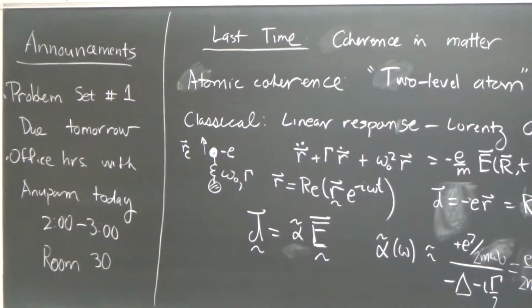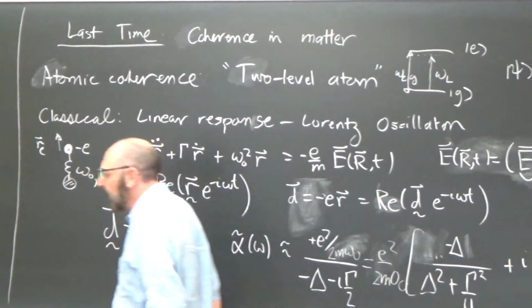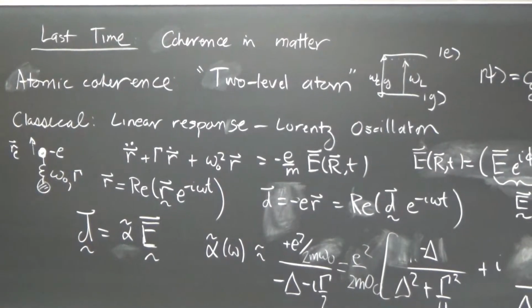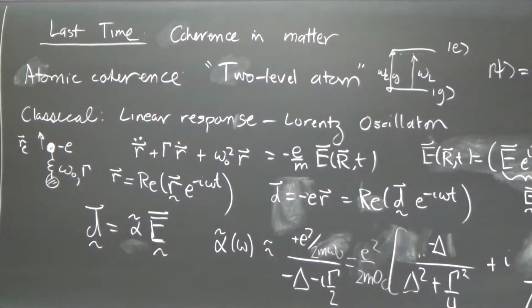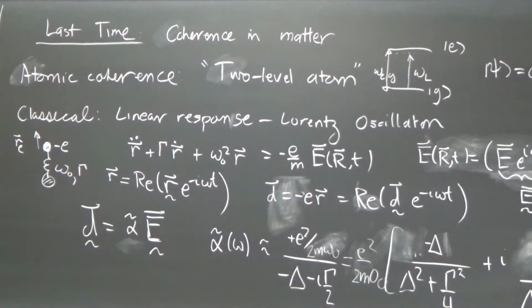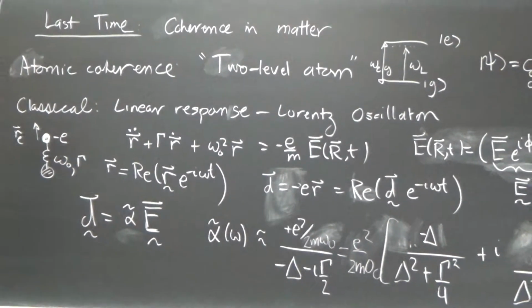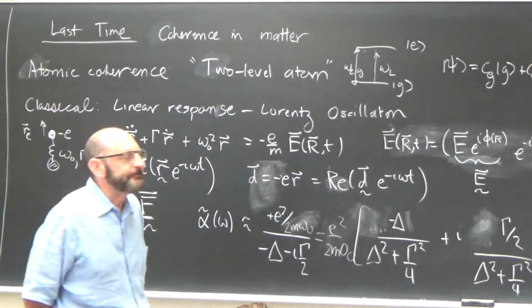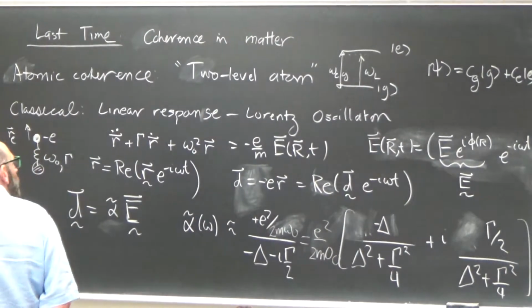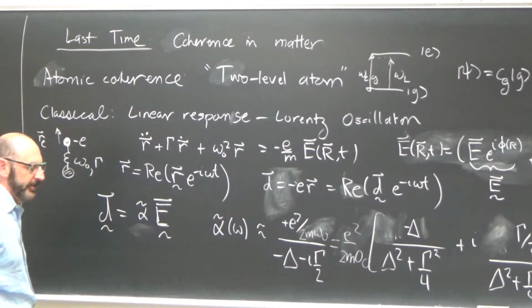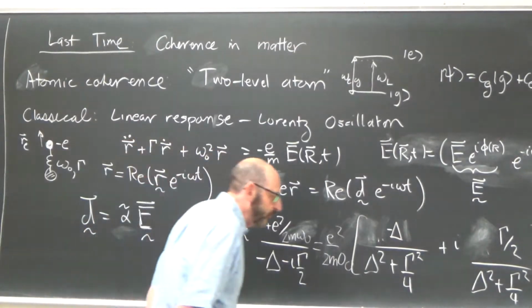All right, so last time we began a discussion that we're going to continue through fall break, talking about quantum coherence and matter. One of the basic contexts here is the famous two-level atom.